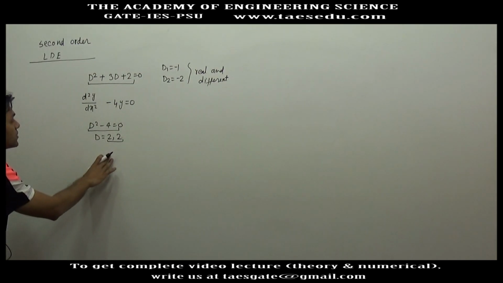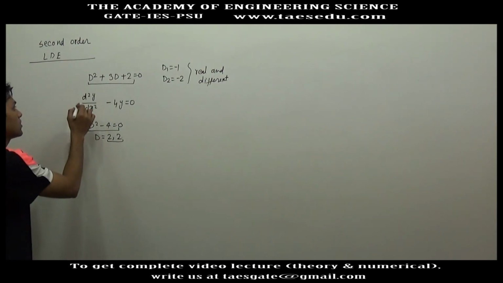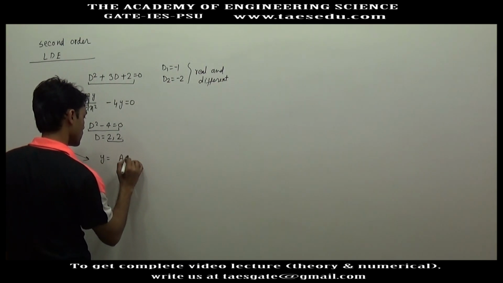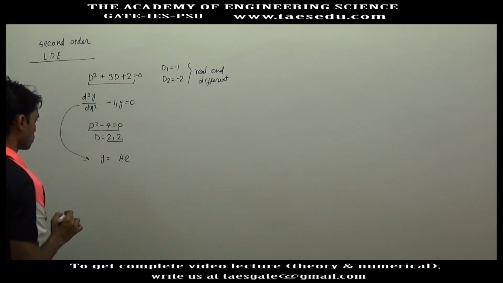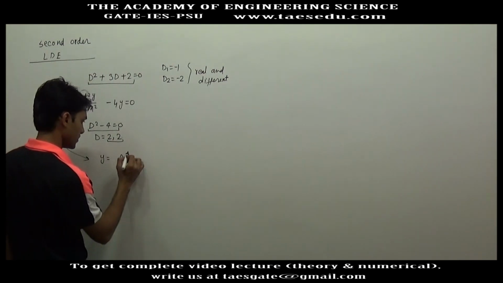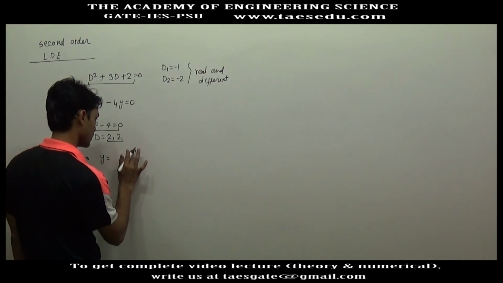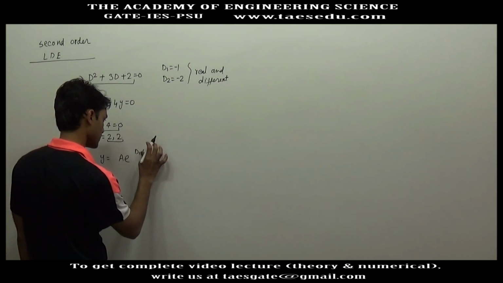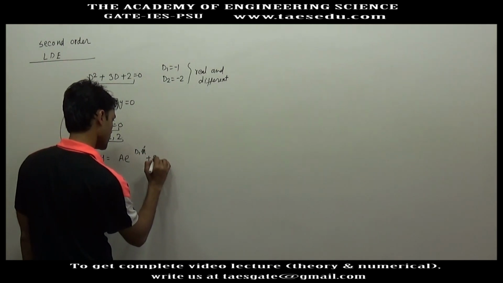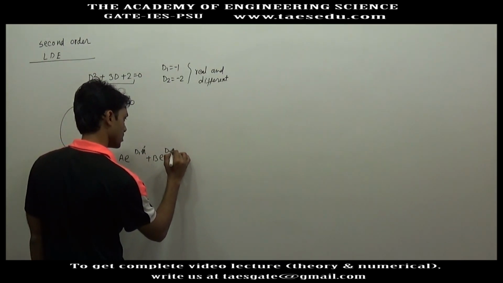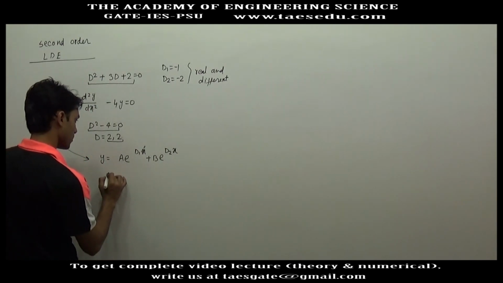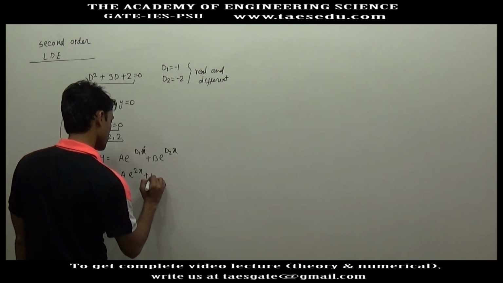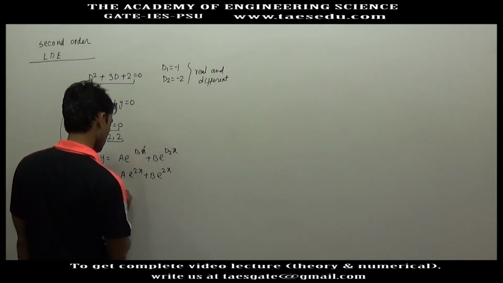So what will be the general solution for this type of differential equation? If we use the same formula, y equal to a into e to power d1 into x plus b into e to power d2 into the independent variable, what we will get is a into e to power 2x plus b into e to power 2x.